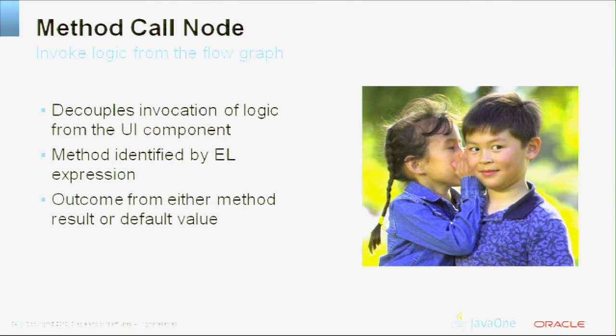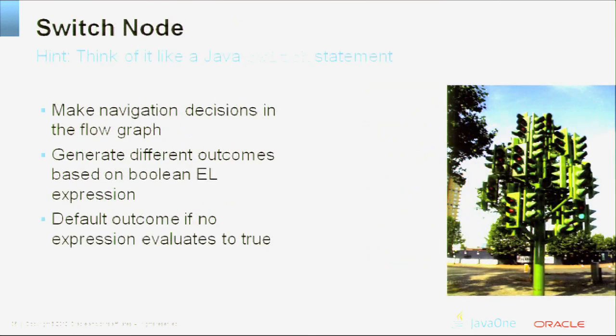So basically, it's a method that tells you where to go next. The switch node is like a Java switch statement. It's similar to a method call, but instead of just being one, you have a list of them, and you go down the list, and the first one that evaluates to true is where you will go next. And of course, you have a default outcome as well there.